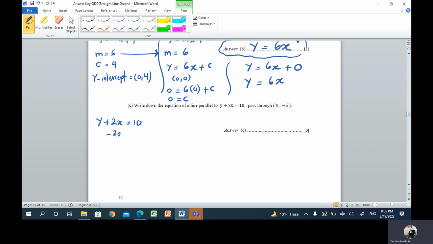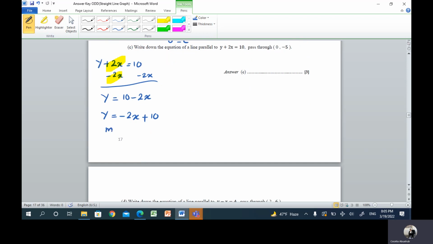So minus 2x on both sides, y equals 10 minus 2x, because the 2x's cancel. We're going to rearrange it so that it matches mx plus c: minus 2x plus 10.